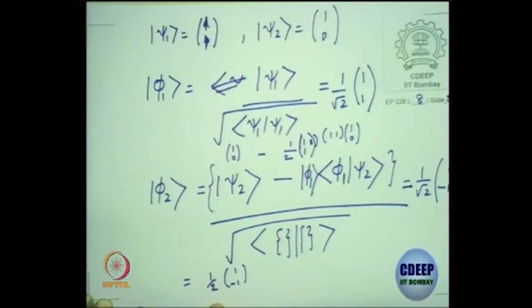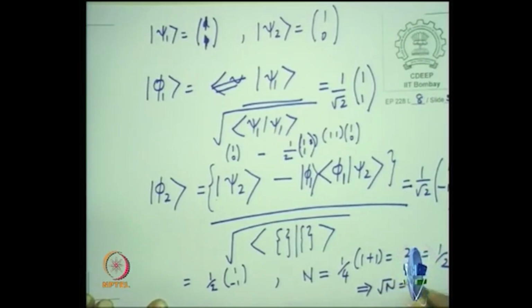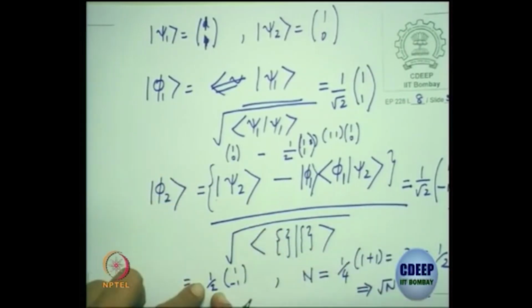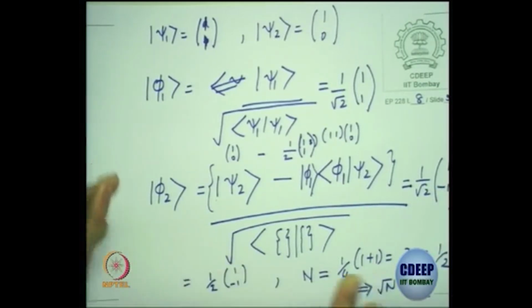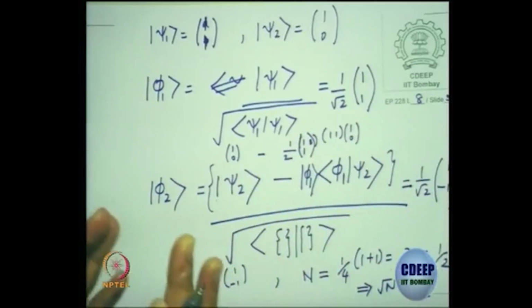If you do that, it is 1 by 4, 1 squared plus 1 squared. So, normalization: 1 by 4 plus 1 by 4, which is 2 by 4, which is 1 by 2, which implies the normalization N is 1 by root 2. So, you get the state is 1 by root 2 times 1 minus 1. It's very simple. Try to do it for a simple example like this and get a feel of it.